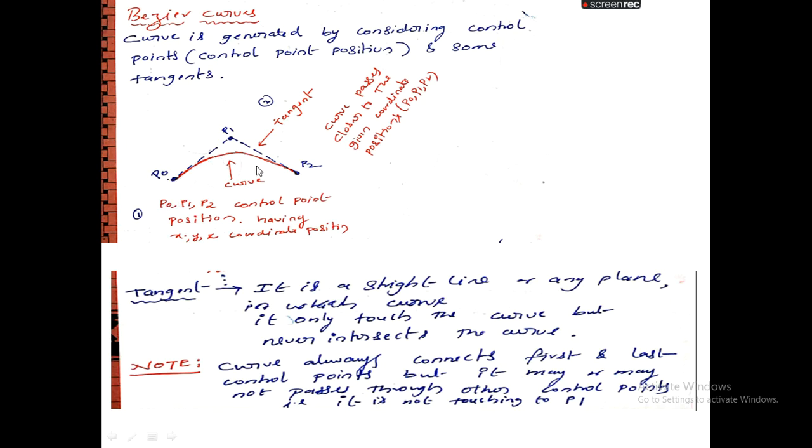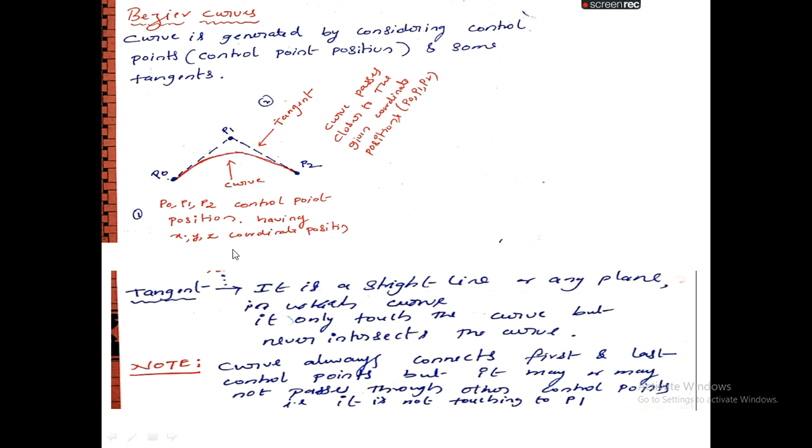To create this Bezier curve, I need two basic components. The first component is called control points. See here, P0, P1, P2 are called control points. Along with these three control points, I need tangents also.